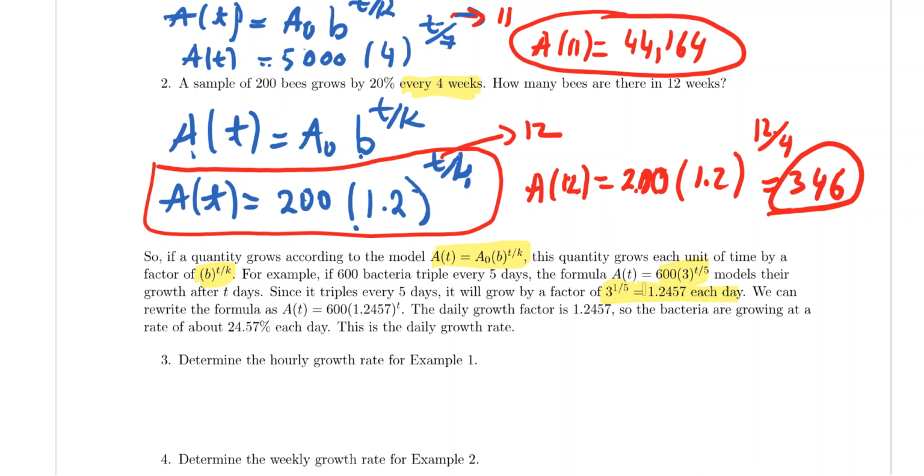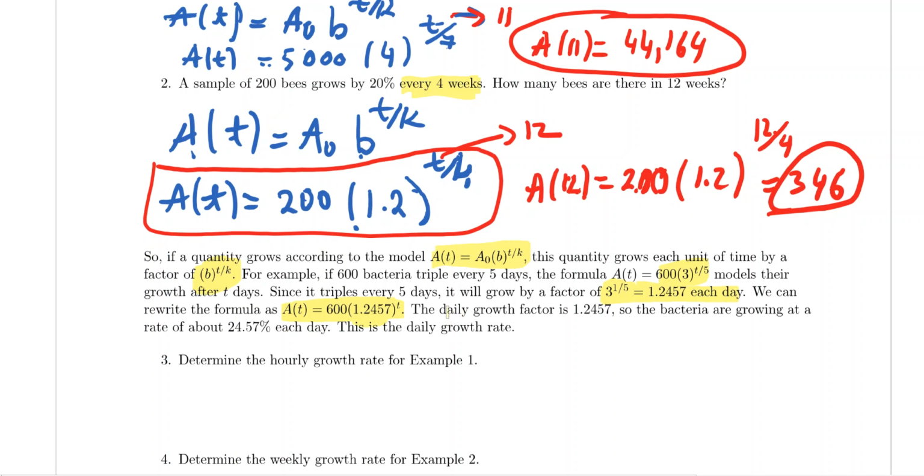So to find out how much it grows each day, we simply let T equal 1 in the B to the T over K, because each day means that T equals 1. So then you can rewrite the formula, and the B to the 1 over K, basically you put it into one number.